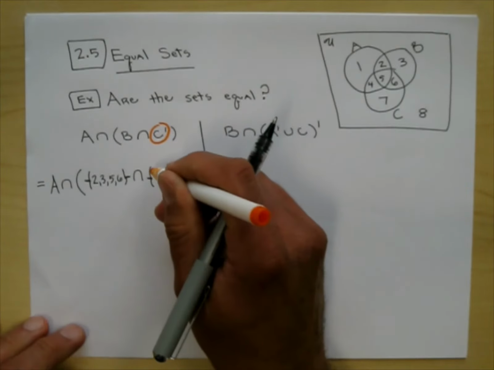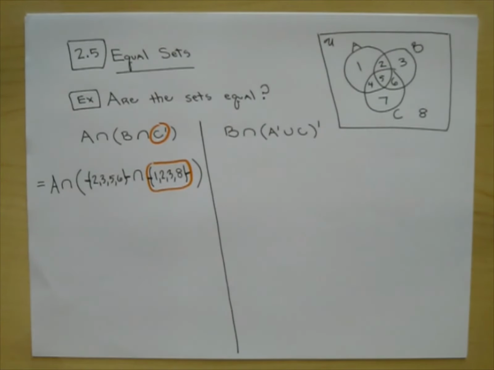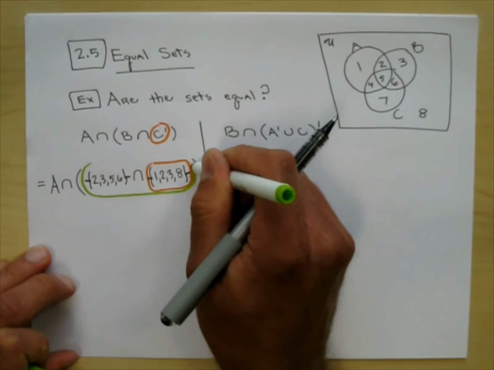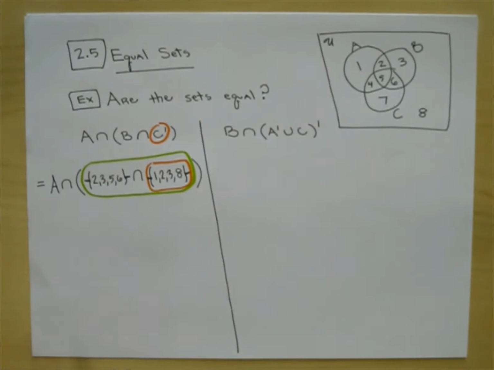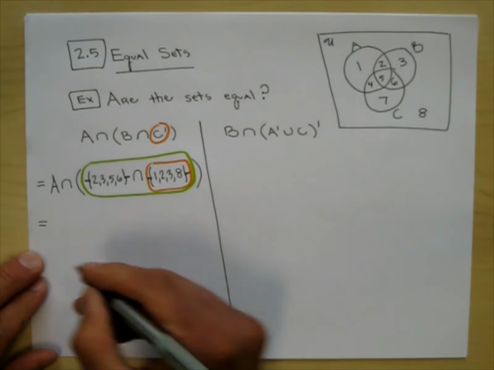Okay, and I'll go back to circling this in colors here. The next thing you want to do is finish up your parentheses by taking that intersection. And now I'm going to write out what A is. So what is in circle A? 1, 2, 4, 5.